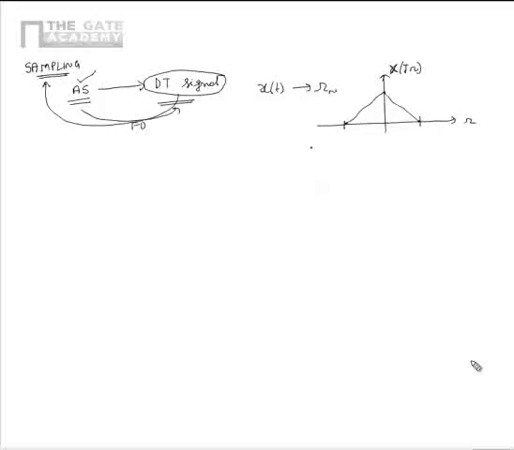Let us assume that the signal is conjugate symmetric and real, because of which x of j omega would be real as the signal is conjugate symmetric and conjugate symmetric as the signal is real. From this, we can say that x of j omega is real and even as shown in the figure.